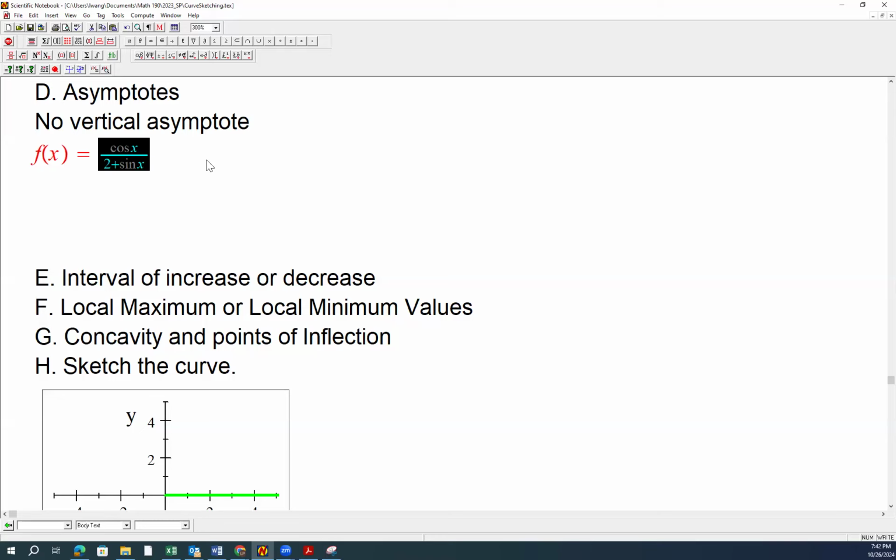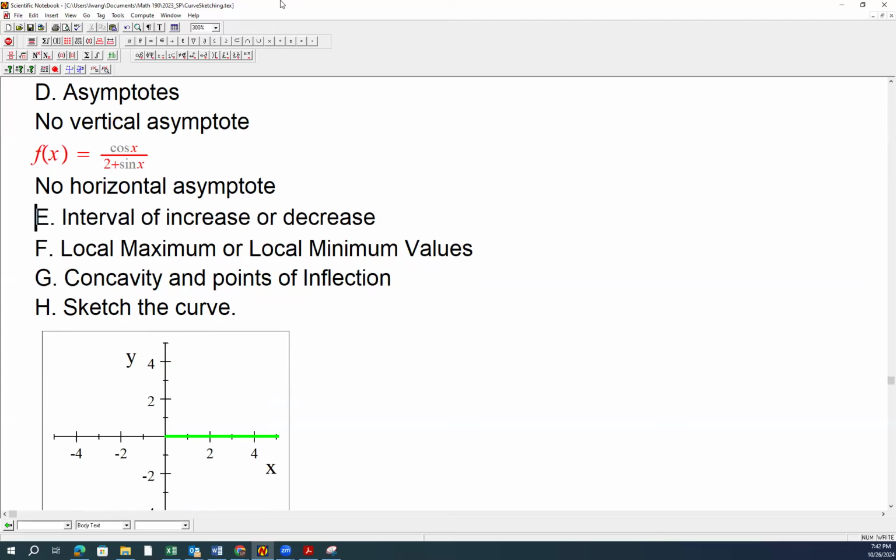There's no finite limit because it keeps fluctuating, up and down, up and down. So there's no horizontal asymptote either. Okay.